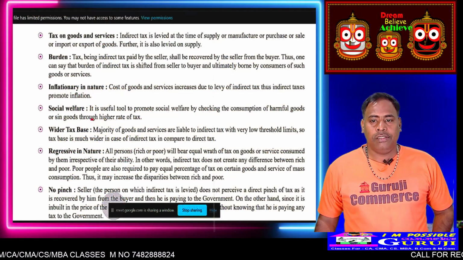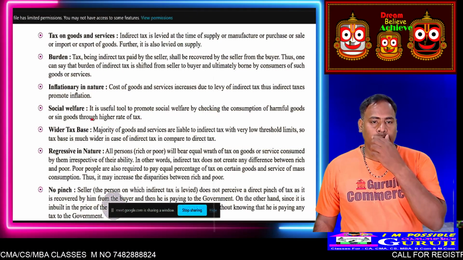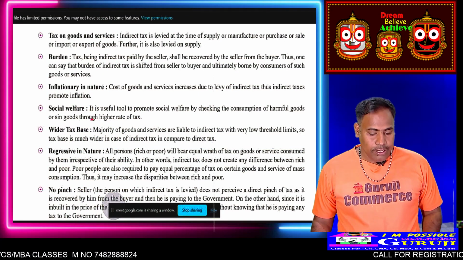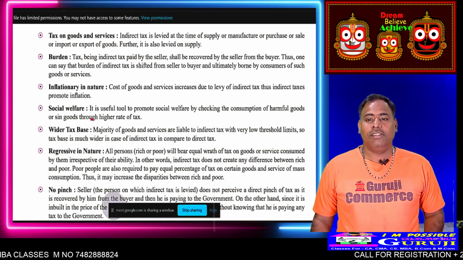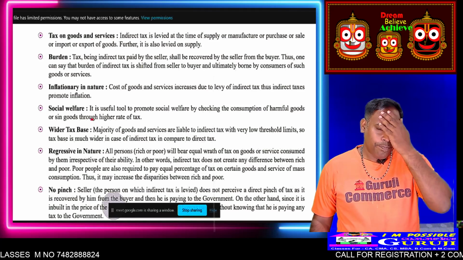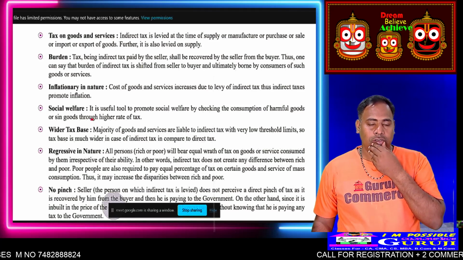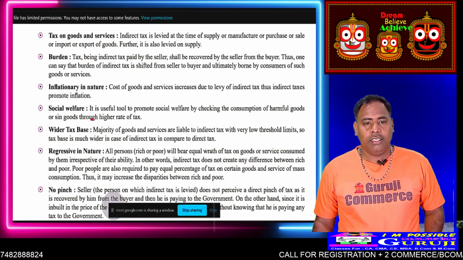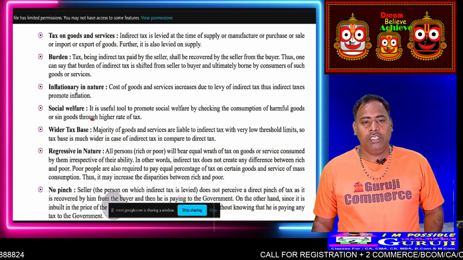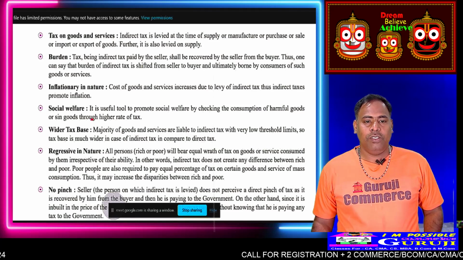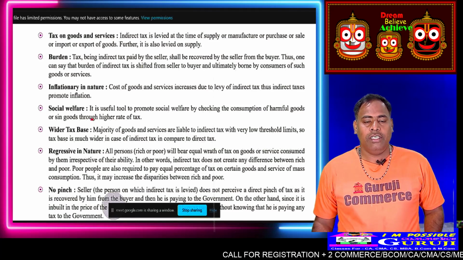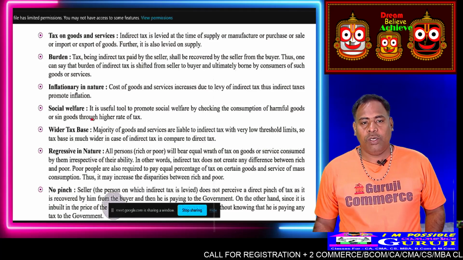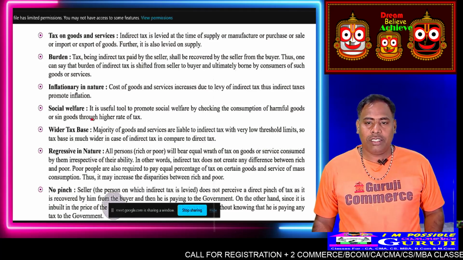Who else? Karina, yes. Sir, features of GST are tax on goods and services, very good. Burden. Inflationary in nature, very good. Social welfare, very good. Wider tax base, yeah. Regressive in nature, hmm. No pinch. Okay. Who else?